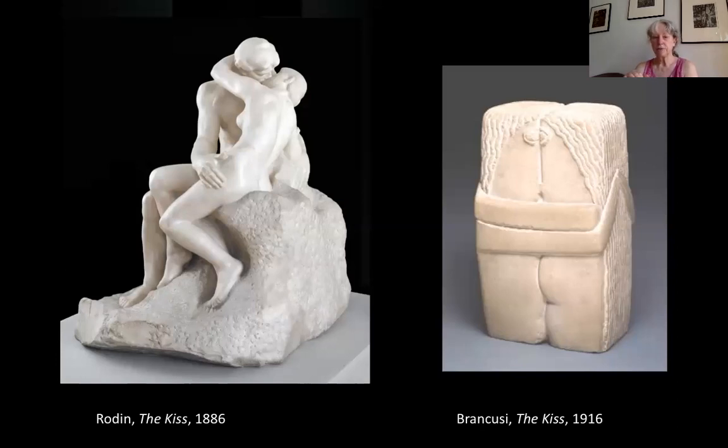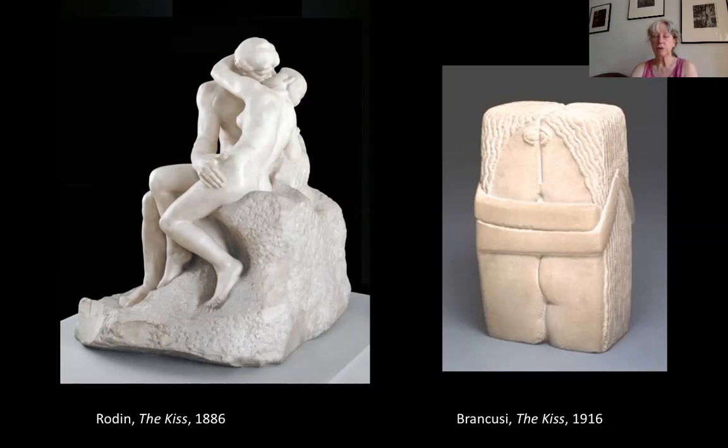In fact, Rodin, the sculptor who made the sculpture on your left, was a teacher of Brancusi, the sculptor on the right. And there's no doubt that Brancusi was aware of the Rodin sculpture. They were both living and working in Paris. Rodin was a lot older than Brancusi. So they're both about a kiss, but obviously the form that each of these sculptures took is very different.